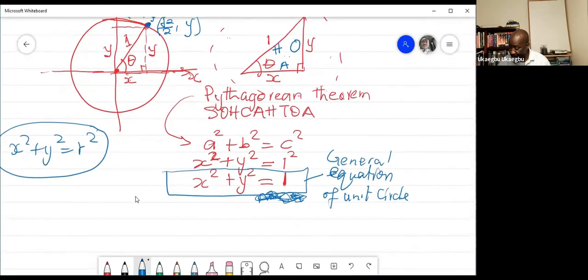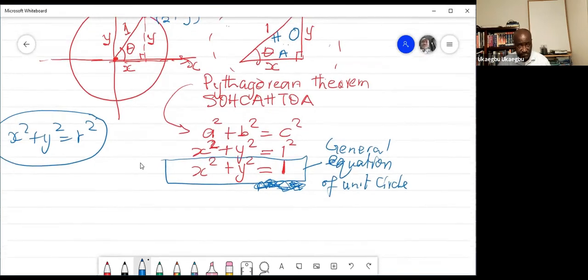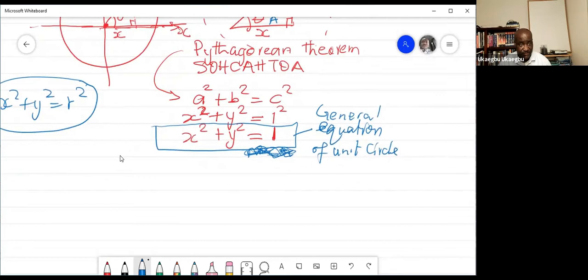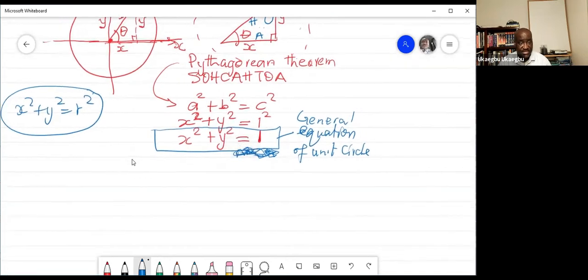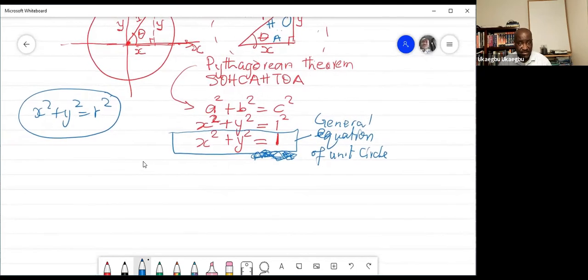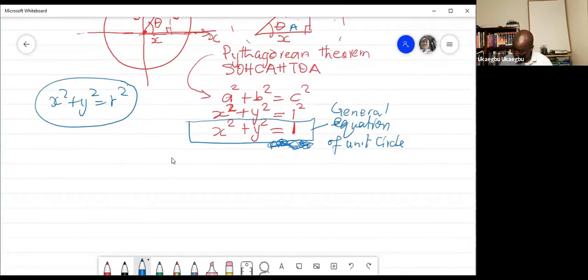Okay, so now the question can be asked. Here's how they generally frame the question. They will say, considering a unit circle with the coordinates given as, they will write the coordinate, determine the Y coordinate. So let's frame the question. It usually comes like this.